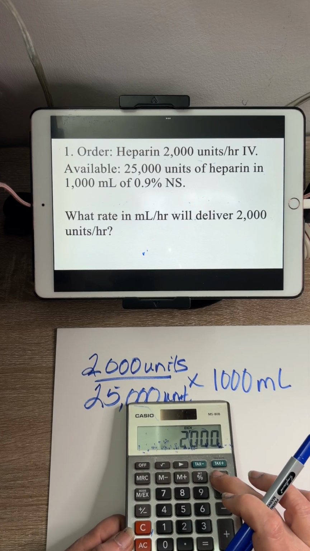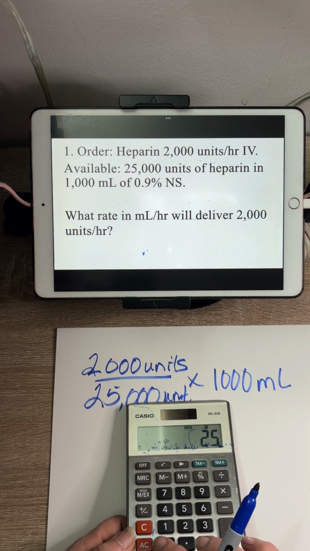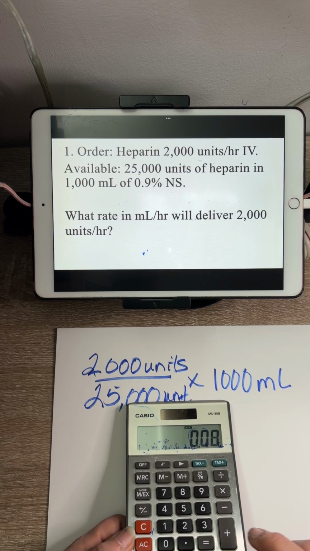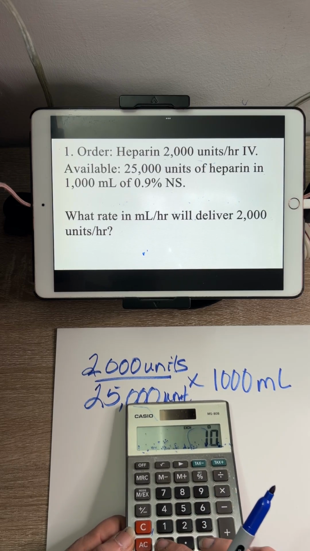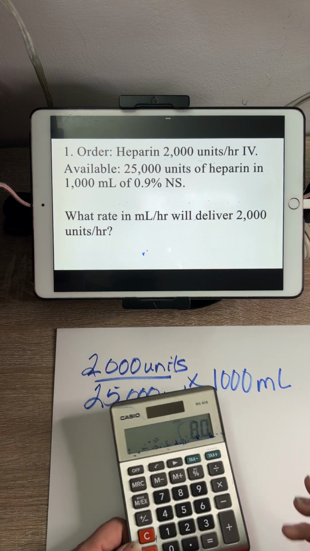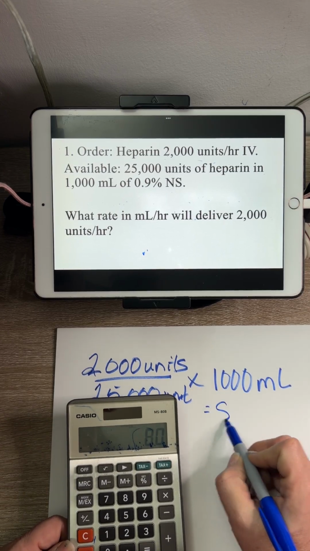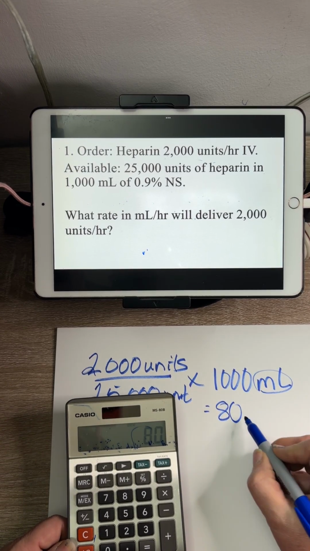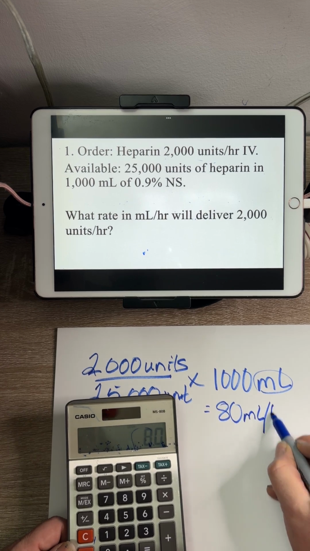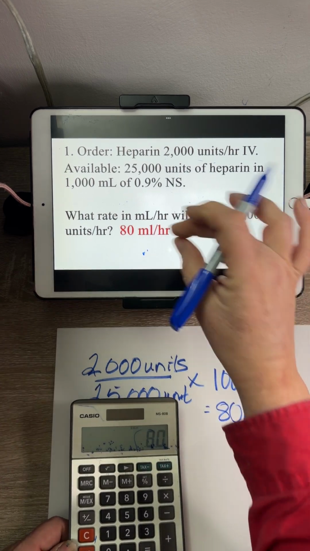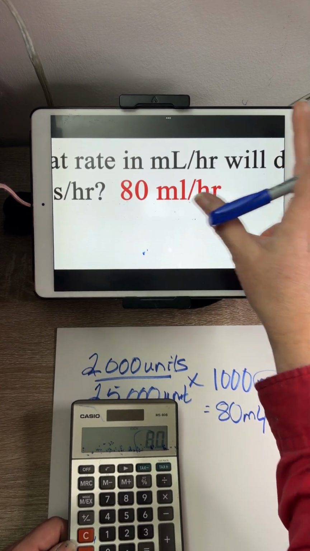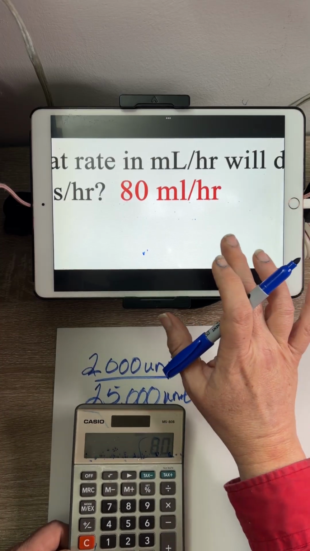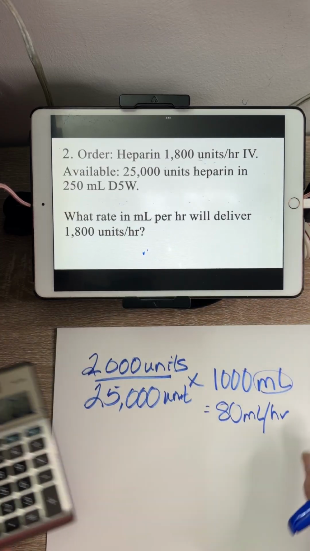See how I do that? 2,000 divided by 25,000 equals, times 1,000. And they got to get 80 milliliters per hour. Look, boom. We saved him. Let's do another one.